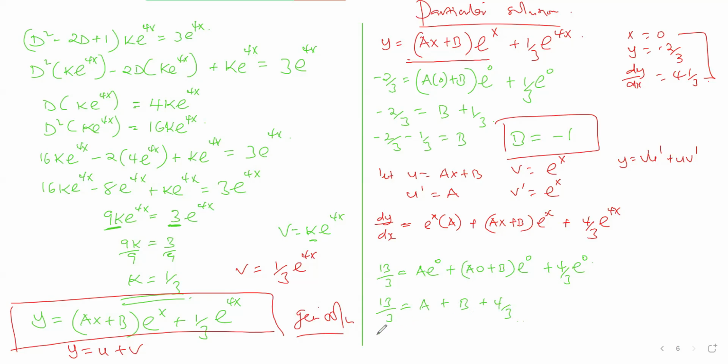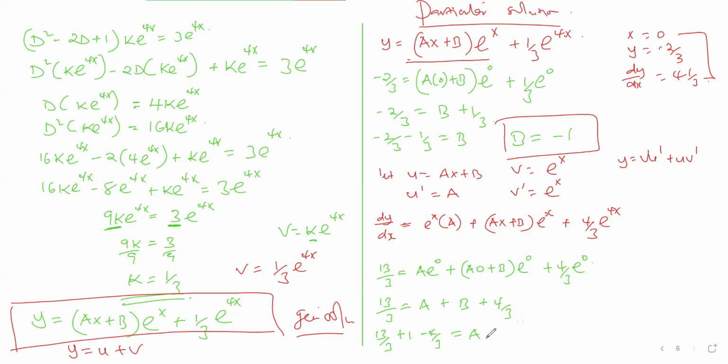b is negative 1. So let me bring all of them to this other side, then I evaluate. So you have 13 over 3. This one is minus 1, so I bring it to this side, it becomes plus 1. This one I bring to this side, it becomes minus 4 over 3. That should give you a value of a. So let's evaluate that.